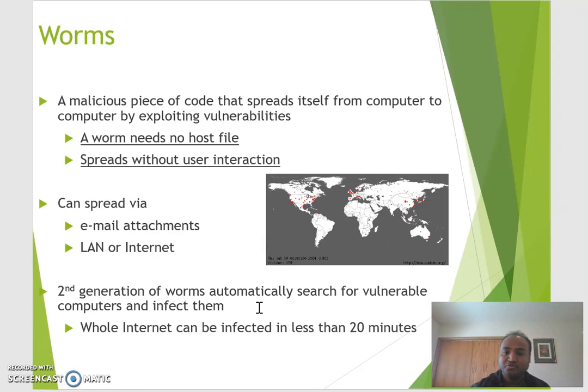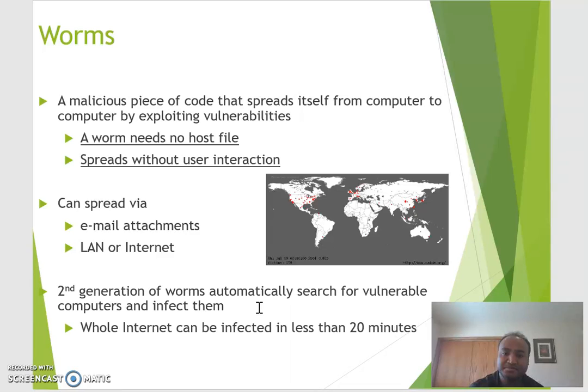So those are the two major differences from viruses, that the virus will need some sort of host file and user interaction to get into the system and spread. So worms are much more dangerous in that scenario.